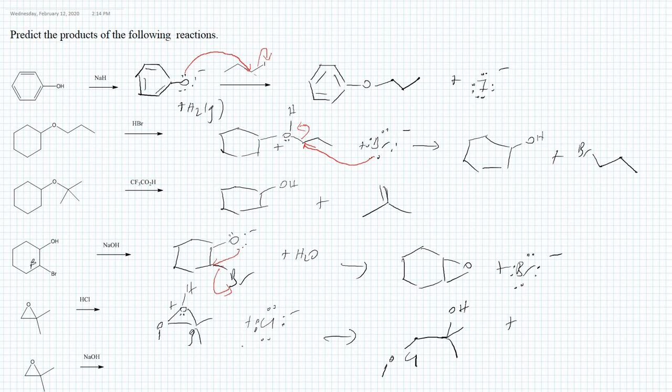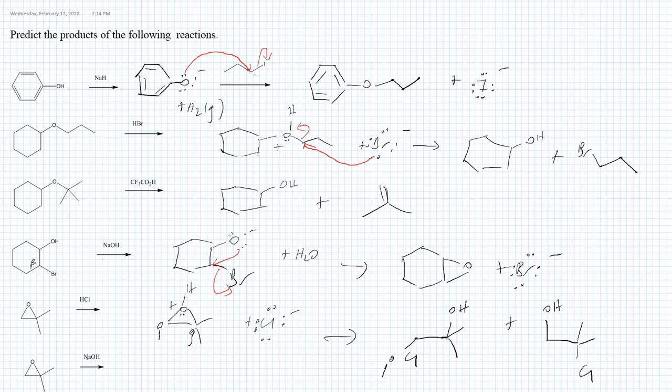Plus, if the attack occurs at the tertiary carbon through an SN1 mechanism, the product will be this. Again, this first and second carbon, and attack occurs at the tertiary carbon, this bond will be broken, and we will have this product. Generally, we can expect something like 60%, 40% or 50%, 50% as a mixture of products.